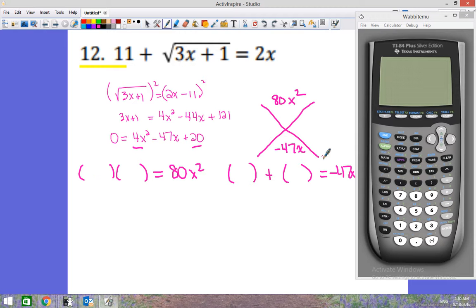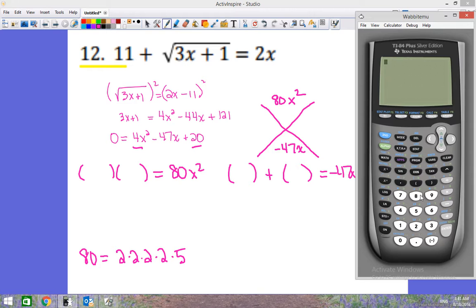So when I was looking for the possible factors on this problem, I was having a difficult time in my trial and error finding this. Now what I often do is I'll look at this value of 80 and I'll write its prime factorization. So 80, I believe, is 16 times 5. Let's double check it. I don't trust myself.